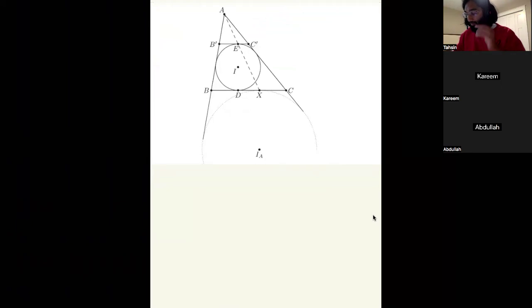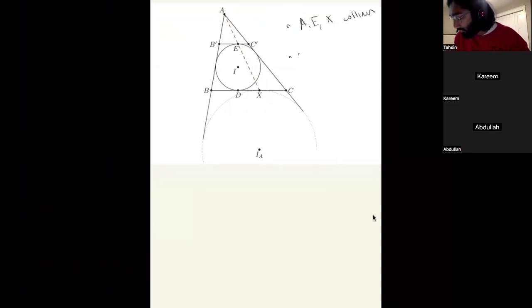So this one gives you a nice concurrence, with collinearity with A, E, and X. So AEX are collinear.